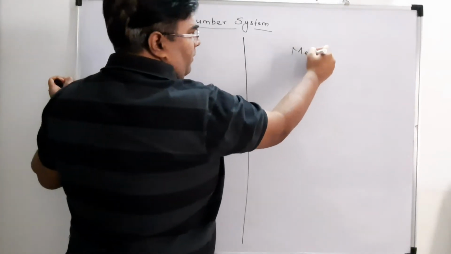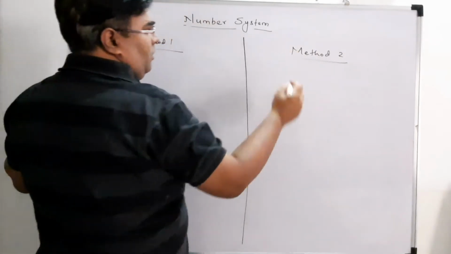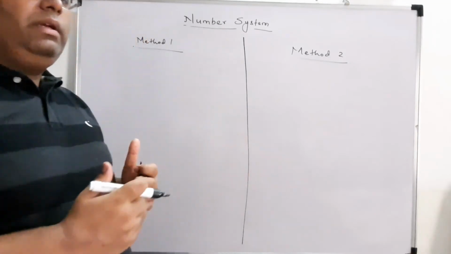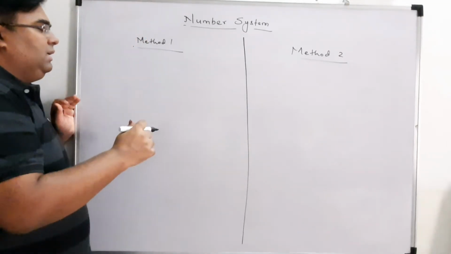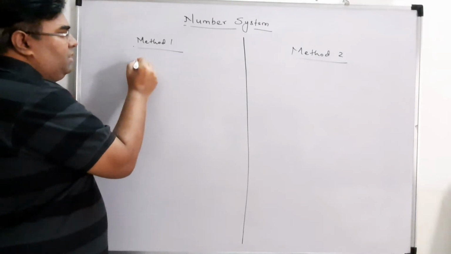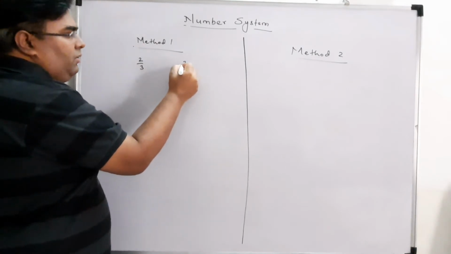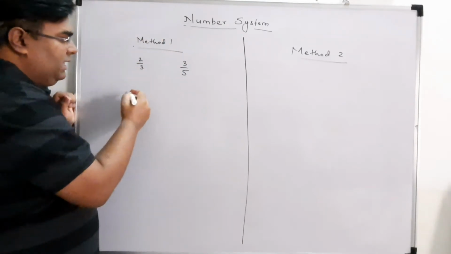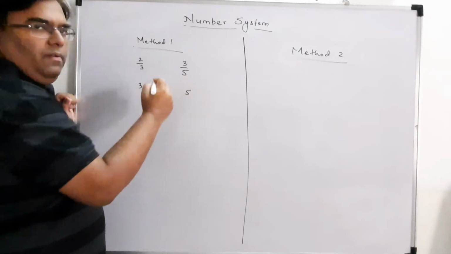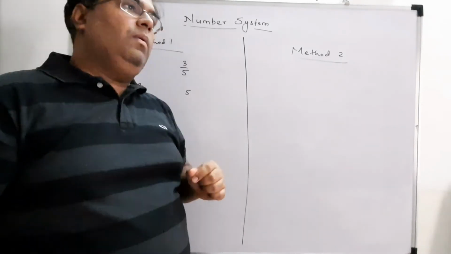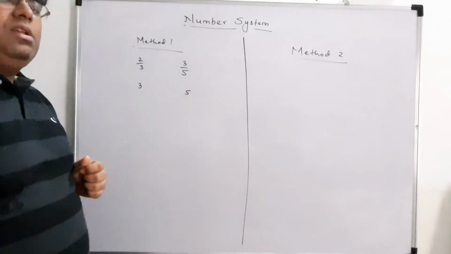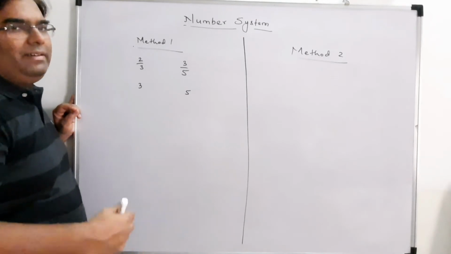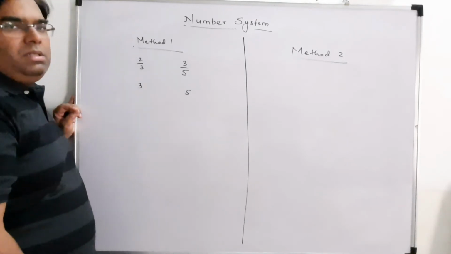Suppose there are two rational numbers, 2 by 3 and 3 by 5, or two integers, 3 and 5, and we want to find 5 rational numbers in between. 5, 10, 15, n numbers you can find.